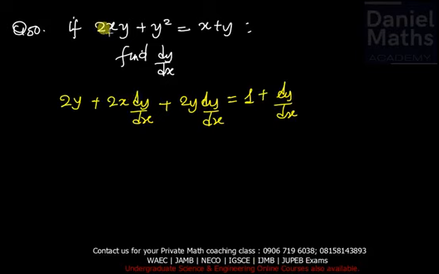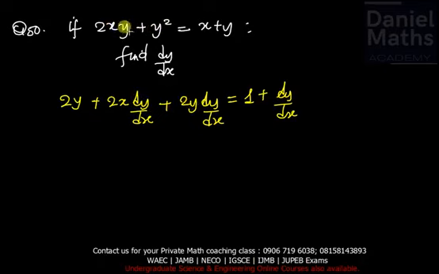So I take it again. If you differentiate with respect to x, the differentiation of 2x is 2. So 2 times y gives me 2y, and then plus, if I differentiate with respect to y, keeping x constant, the differentiation of y is 1. 1 times 2x gives me 2x dy/dx. Then plus, if I differentiate with respect to y, I'll have 2y.